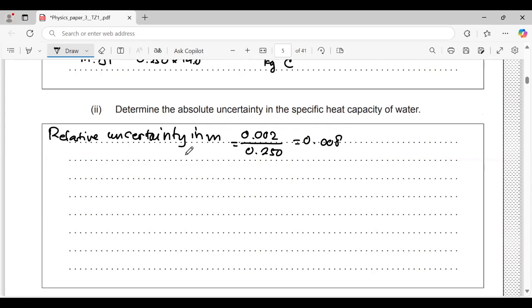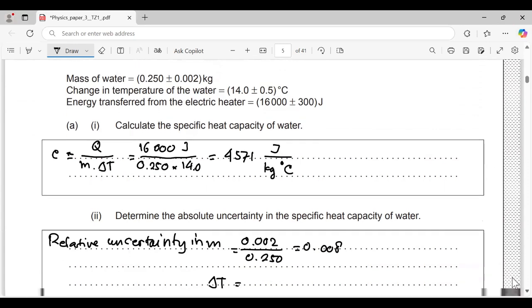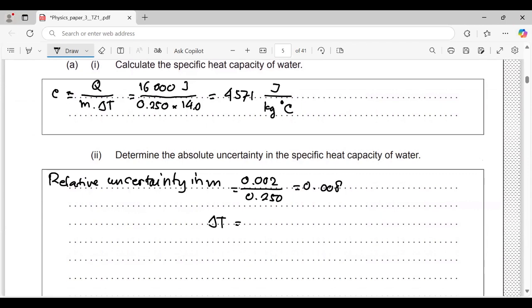Then the relative uncertainty in delta T: delta T uncertainty is 0.5, so 0.5 over 14.0.